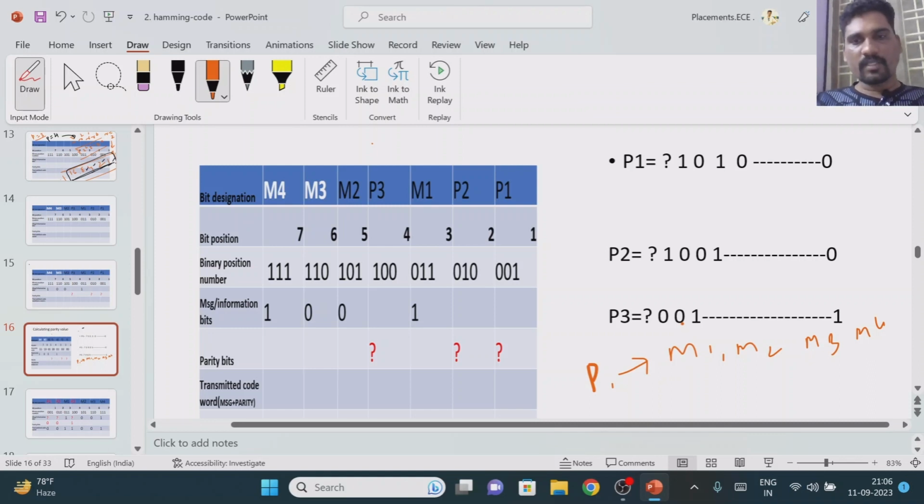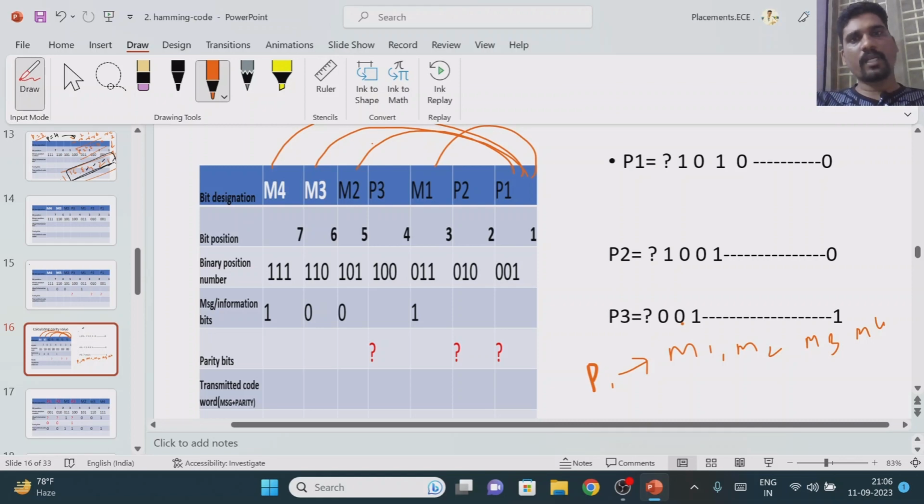A parity bit should always be compared with the message bits only. Suppose you want to find the solution for P1: P1 should be compared with M1, then again with M2, then with M3, and then with M4. Try to remember this logic: always compare a parity bit with the message bits.